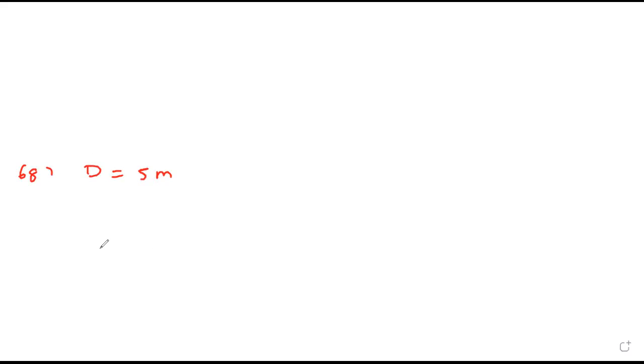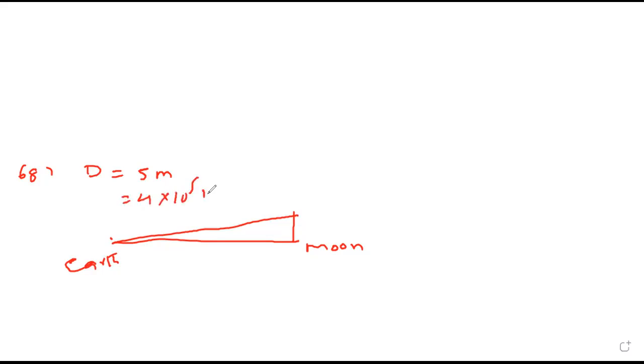If the separation between moon and earth is 4 into 10 raised to 5 kilometer, suppose this is x, and the wavelength of visible light of 5000 angstrom is used, then the minimum separation between two objects on the surface of the moon should be how much?